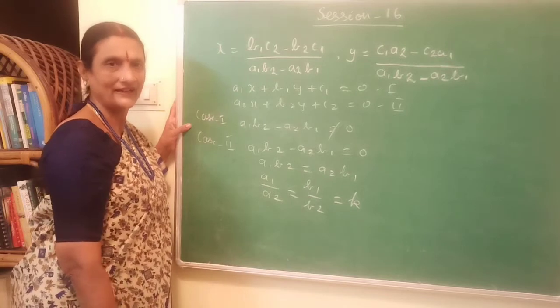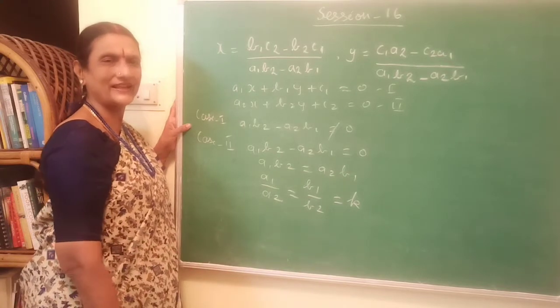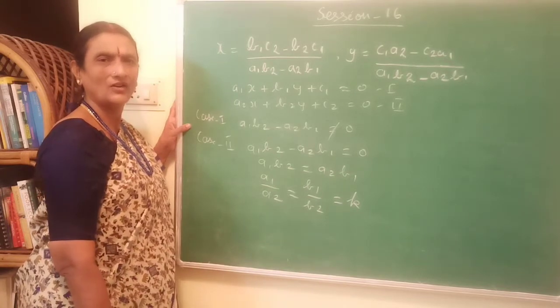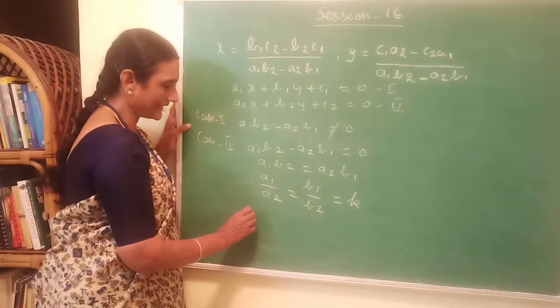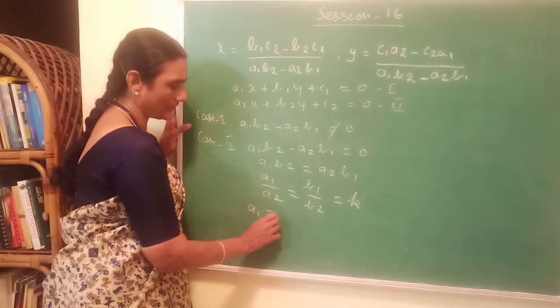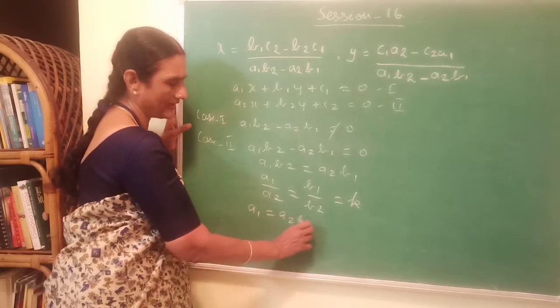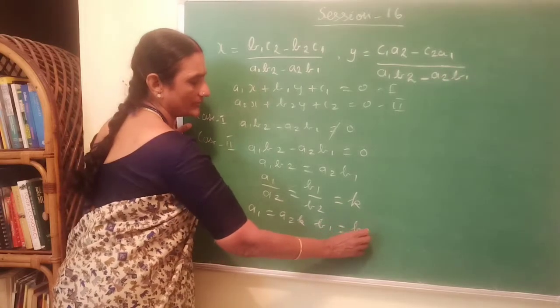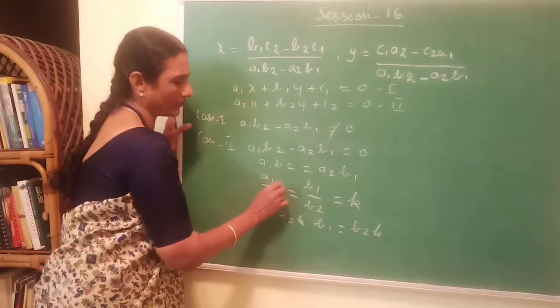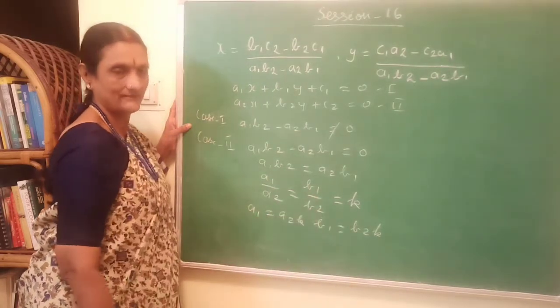Are you understanding? They both are equal. I am just taking the value to be a constant value. Let it be k. Now, if that is the case, what do you get? A1 equal to A2k and B1 is equal to B2k. Simply by cross multiplication I have got it.